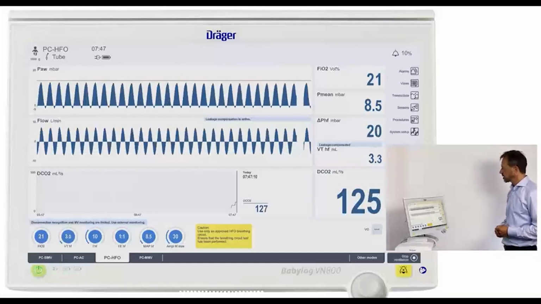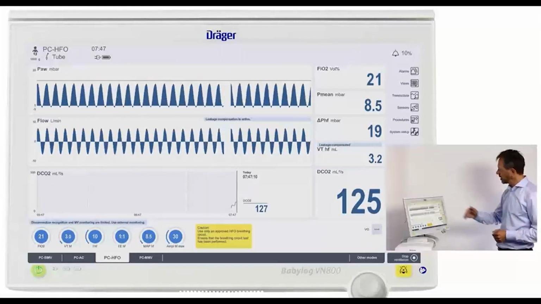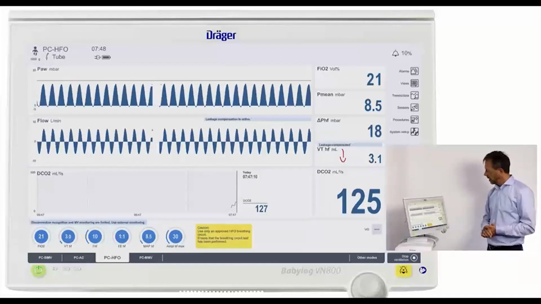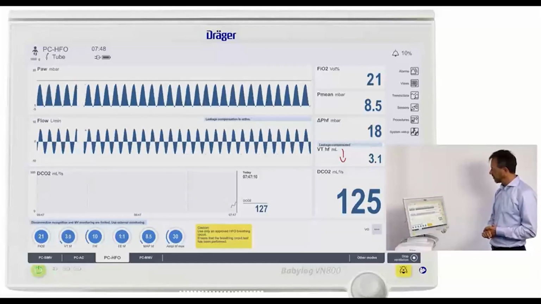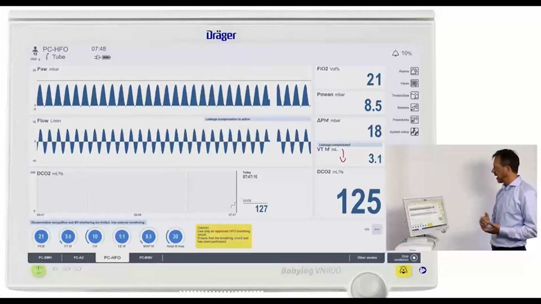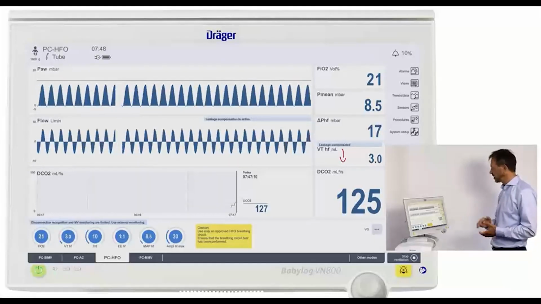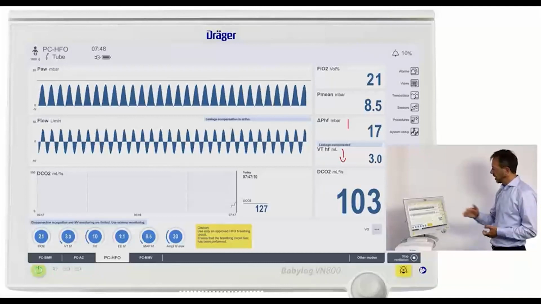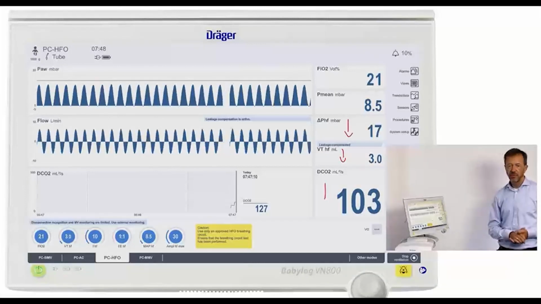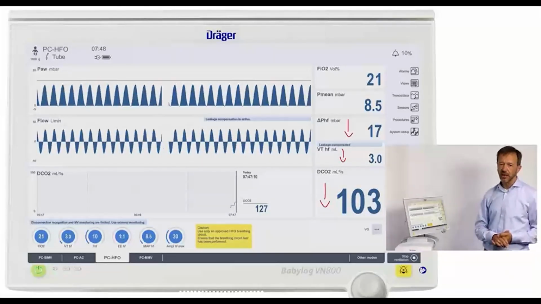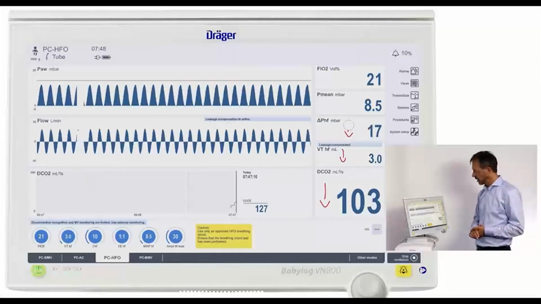Now we see that the tidal volume is automatically reduced, and we see as well that the amplitude was reduced from 22 to 17, and we end up with the 3 milliliters we set as a target for the tidal volume.